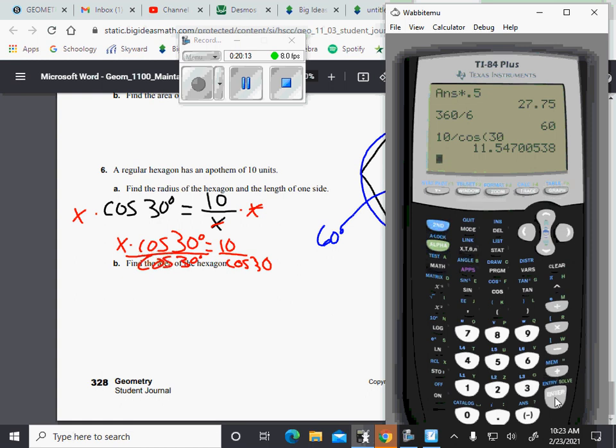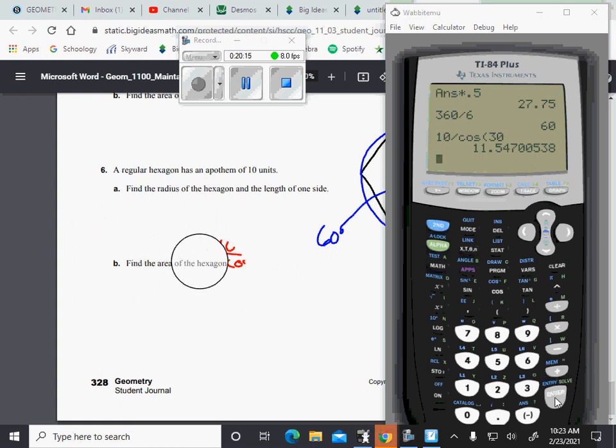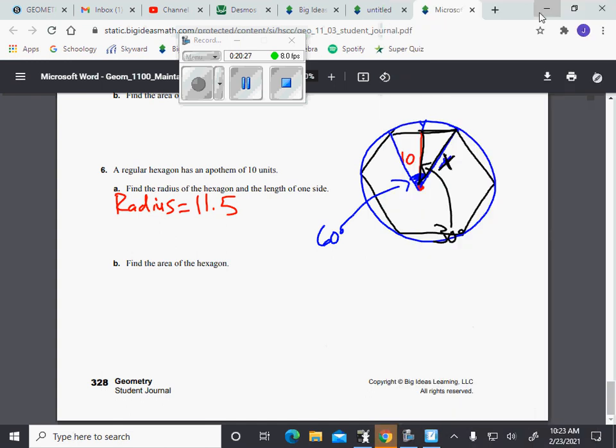And 11.5. So the radius is equal to 11.5. How do I find the side length? Well, you can do two things.